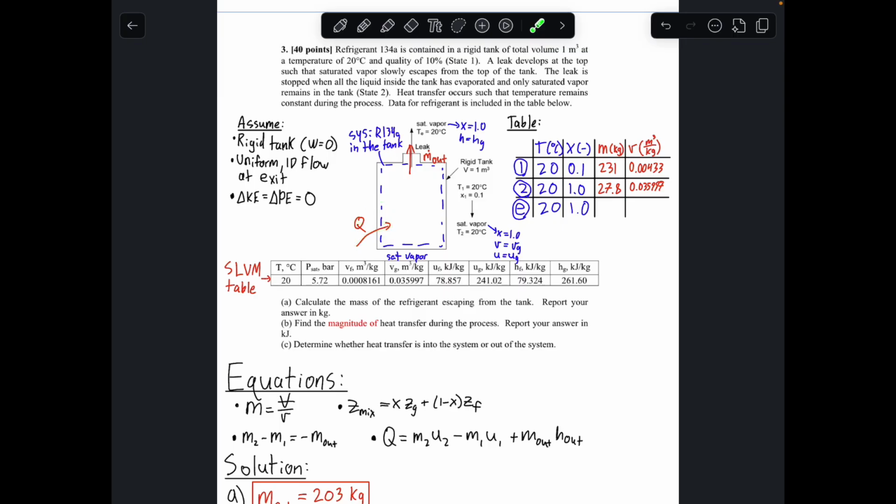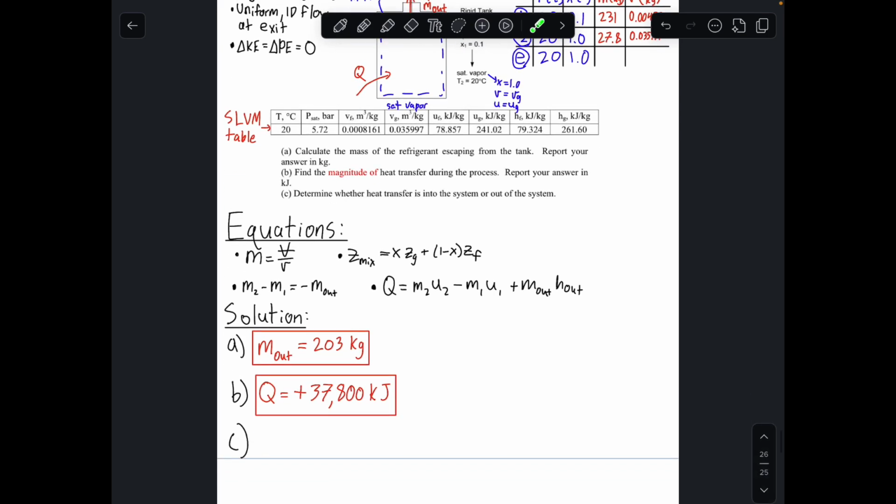The math will tell us what direction this heat transfer is occurring in.